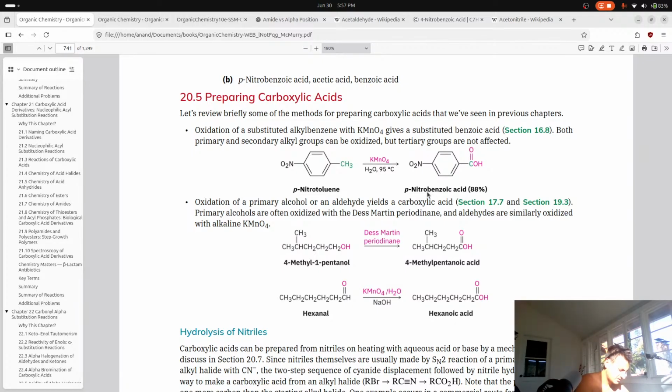Oh yeah, no, it has to be a primary alcohol. So primary alcohol with DNP.